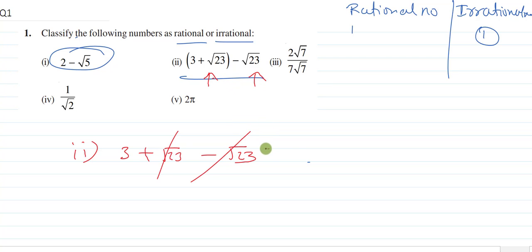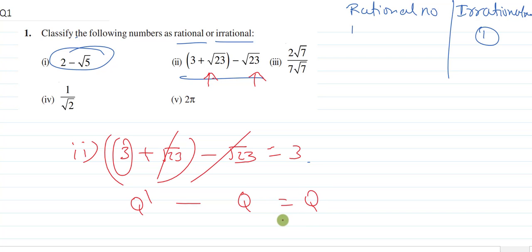But their subtraction may or may not be a rational number. Here we can see it is a rational number. That's why the second question is of this category: this was irrational, this is irrational, subtraction you are taking, it comes as a rational number. So the second is in the category of rational number, right?